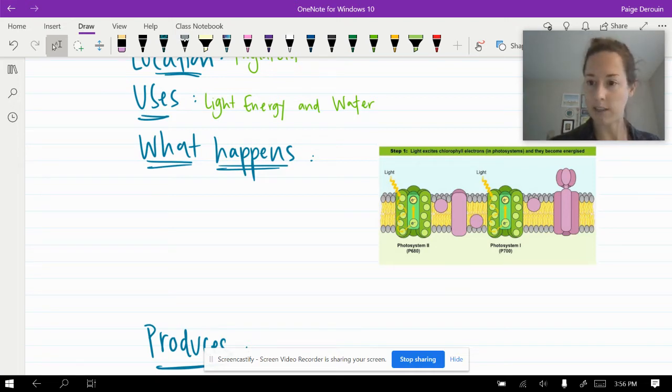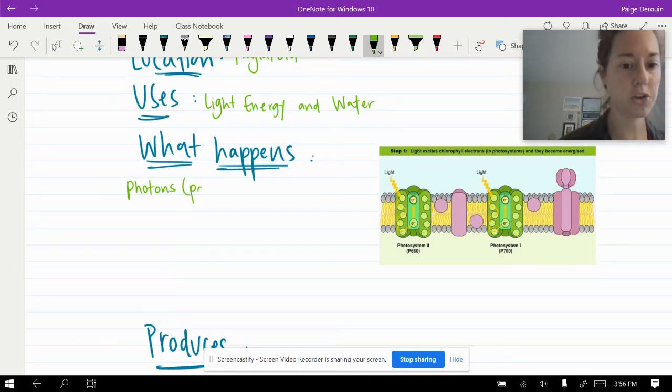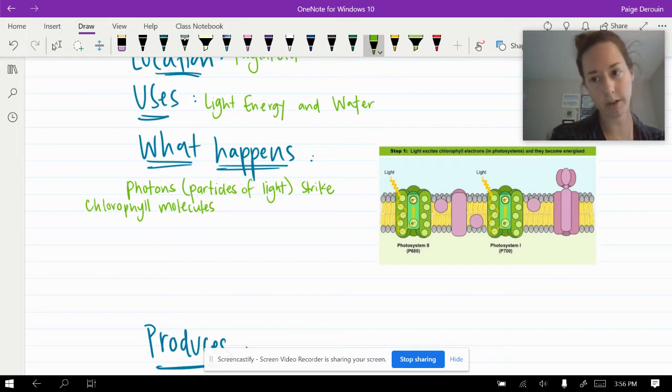If I'm going to summarize it in the simplest terms, what happens is that photons, which are particles of light, strike chlorophyll molecules, which is what makes the plant actually green. It's a pigment.